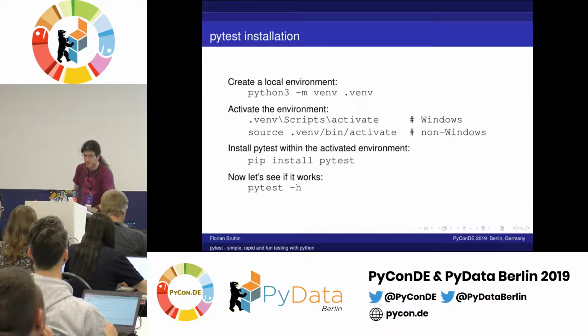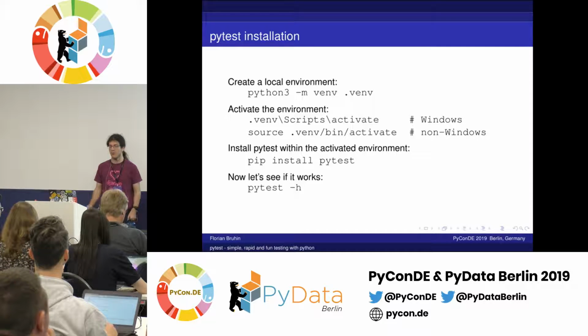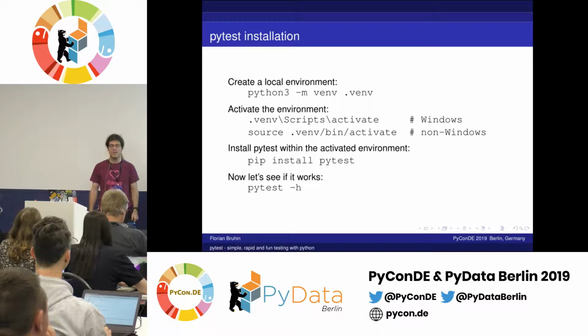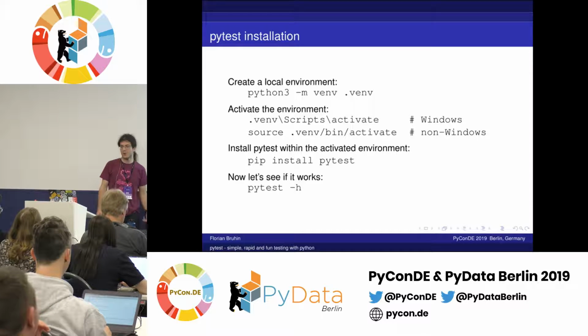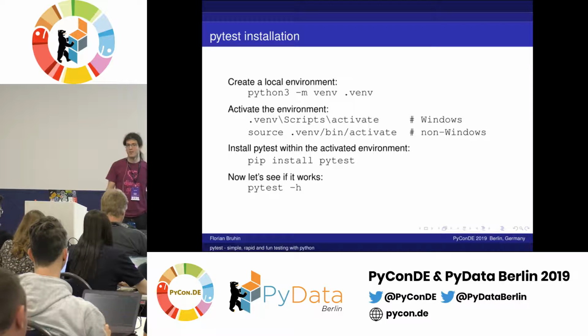So what I recommend is creating a virtual environment, because then you can play around with PyTest and plugins without affecting your system-wide installation. If you already have used virtualenv or venv before, could you please raise your hand? Cool, that's maybe 3/4 or so.